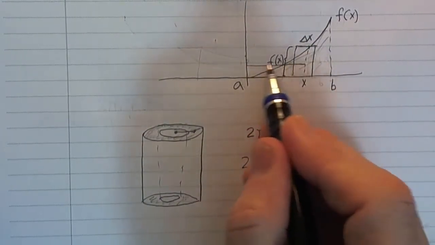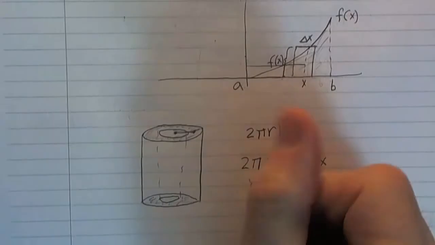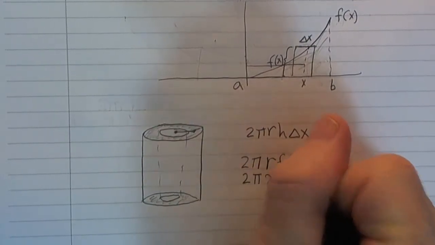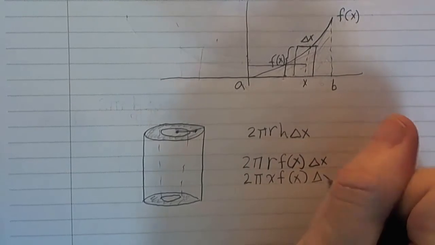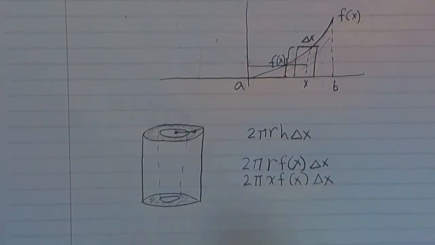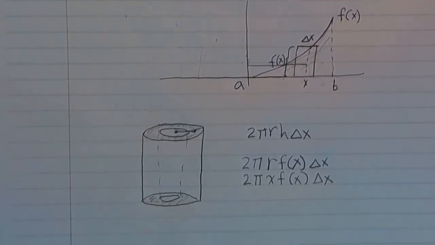So x would be the radius, from here to here. So what we have here is 2 pi x f of x delta x. That would be the volume of that little hollow shell with a little bit of thickness.